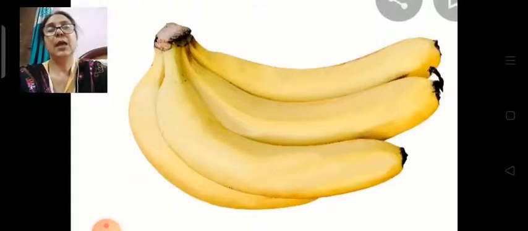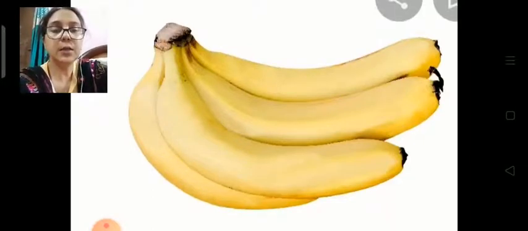When you feel hungry, you just eat 2 or 3 bananas, and your stomach will fill. After eating these bananas you can feel better, you can get energy also, because it's full of carbs and nutrients, so it is very useful for us.